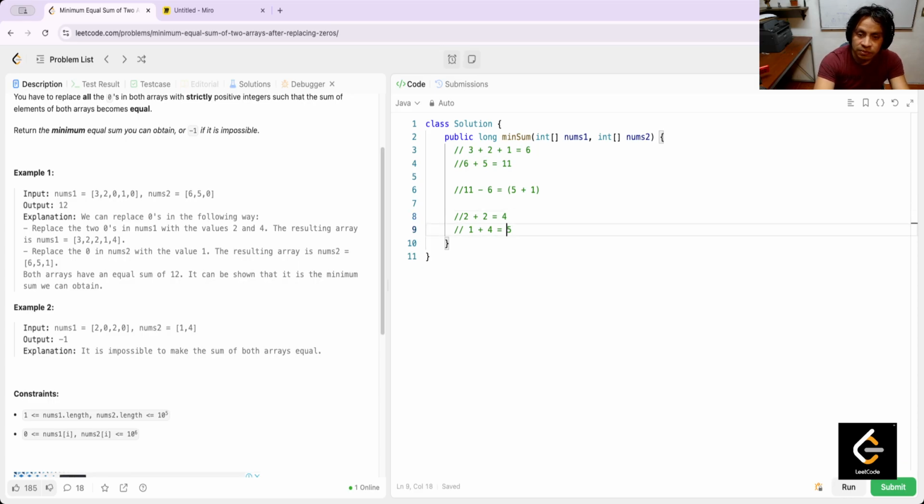Okay, the difference between the first and the second is 1. And if the number of elements here is less than the number of elements here, that is 2, it's not possible to apply the operation because I need to remove all the zeros.